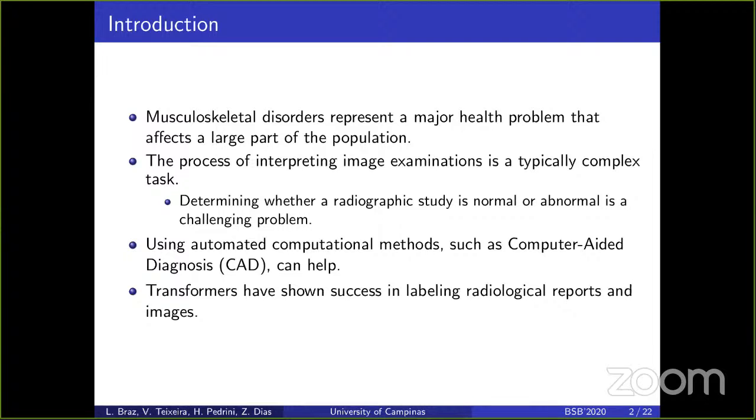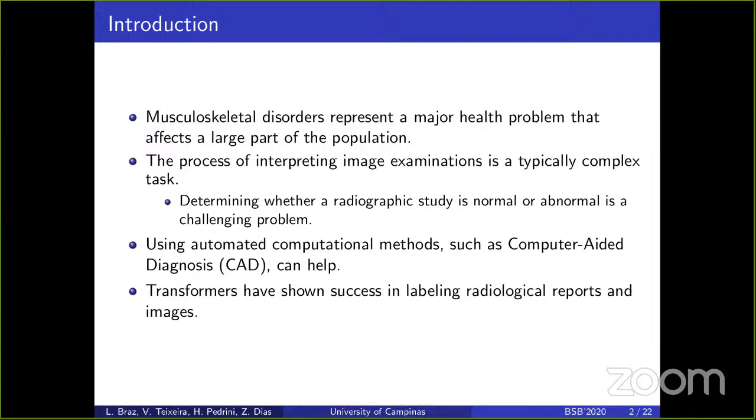Determining whether a radiography study is normal or abnormal is a challenging problem, because if a study is interpreted as normal, the possibility of disease is excluded, which may eliminate the need for the patient to undergo other tests or procedures.